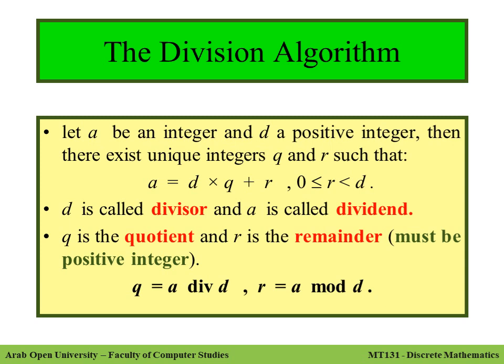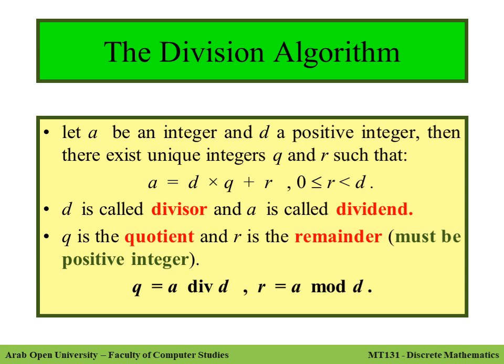Here, q we call the quotient, and r is the remainder. d is called the divisor, because you are dividing by d. a is called the dividend. And again, q is the quotient and r is the remainder.